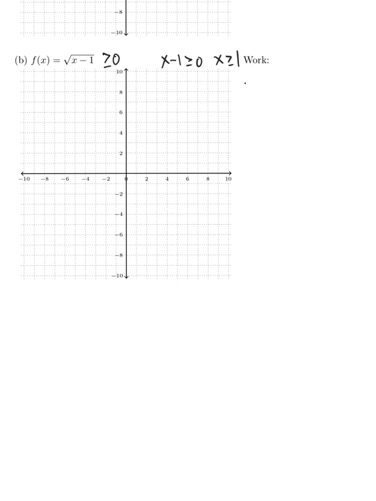So if we're looking at the table for the function f of x, we would start with the x value of 1, and 1 minus 1 is 0, and the square root of 0 is 0. And then we could do 2.